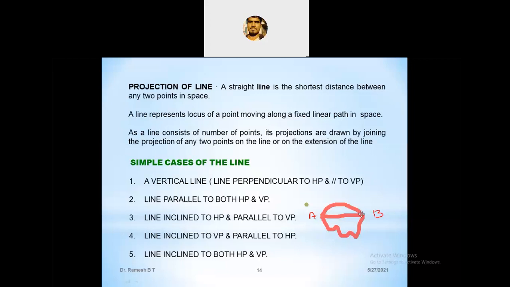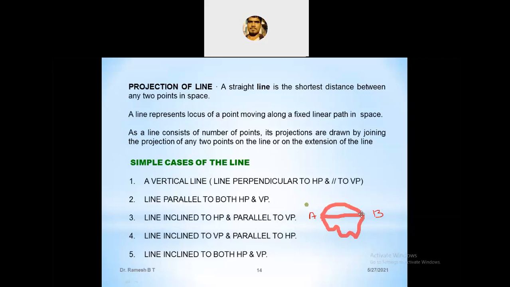Here point A is there. If you draw the locus of that point A along a fixed path, then it becomes a straight line. A line represents the locus of point A, point B, point C. This line consists of a number of points like A, B, C, D, E, F, and it is drawn by joining the projections of any two points.